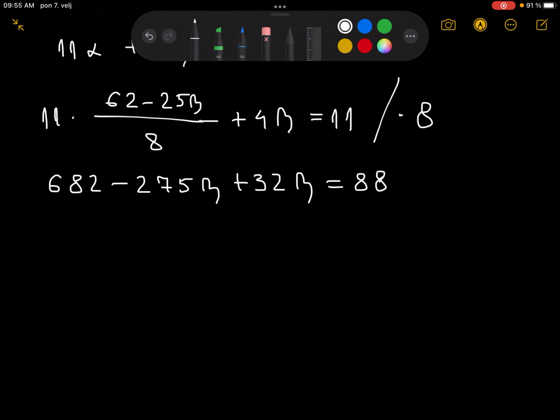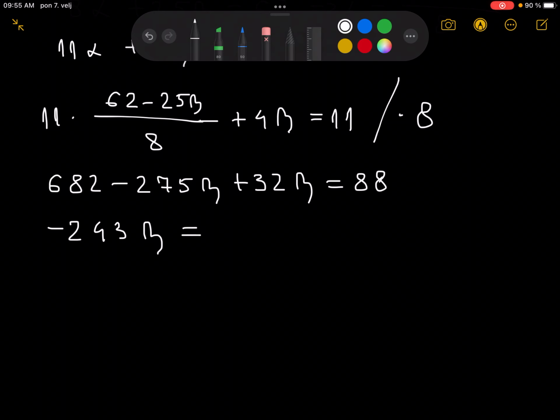Okay, so negative 275 plus 32 is equal to negative 243 beta is equal to 88 minus 682, which is equal to negative 594.